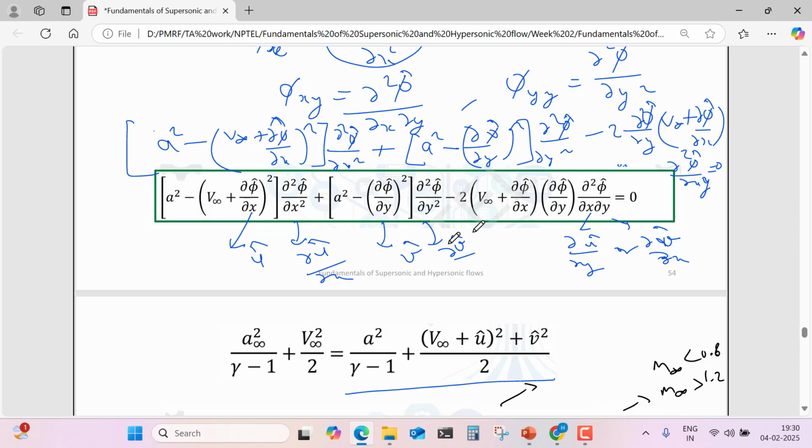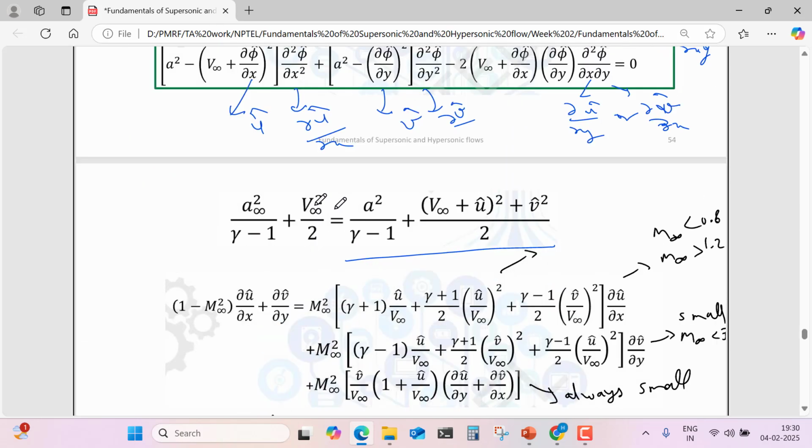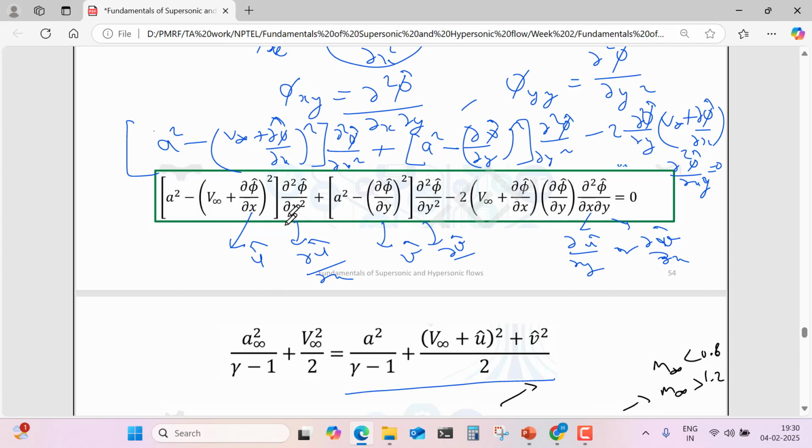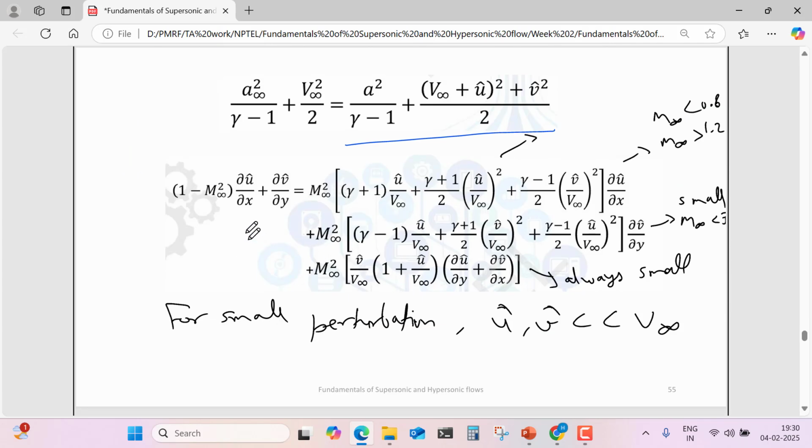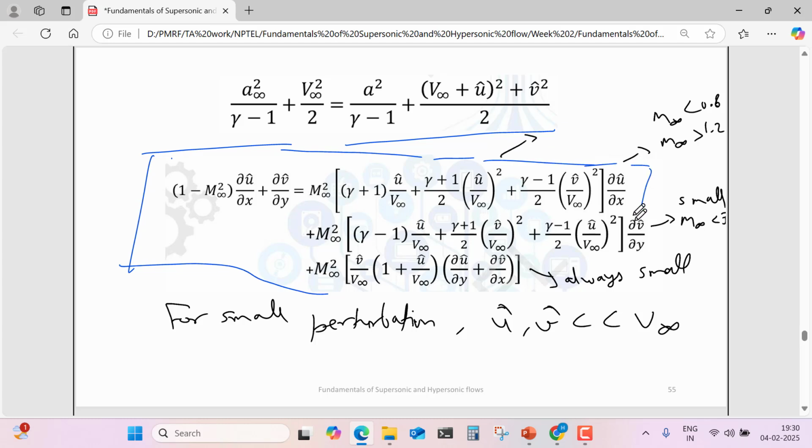If we substitute these and substitute the value of a square from this equation, we will get this equation. This is the exact equation. This is the small perturbation potential equation.